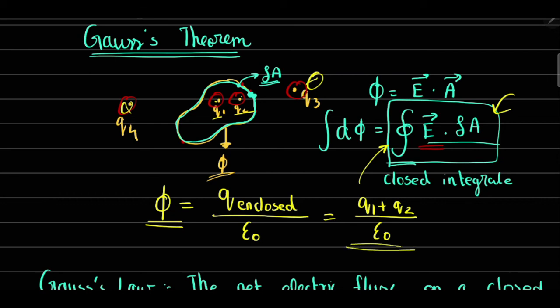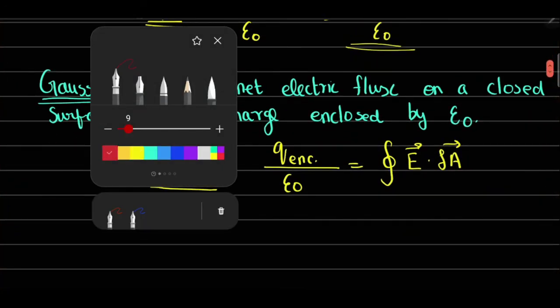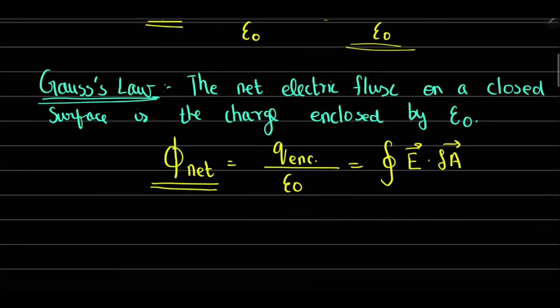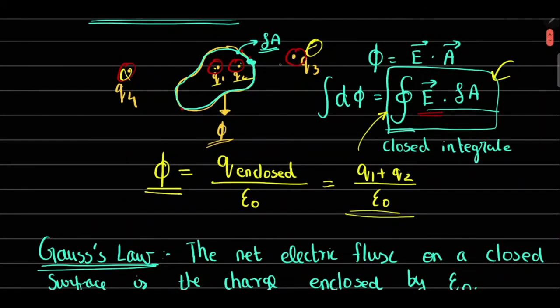Another thing that you should notice is that in this formula, this E vector is nothing but the net electric field. So this is E net. That implies that at every point you are calculating the electric field due to all the four charged particles that we have.